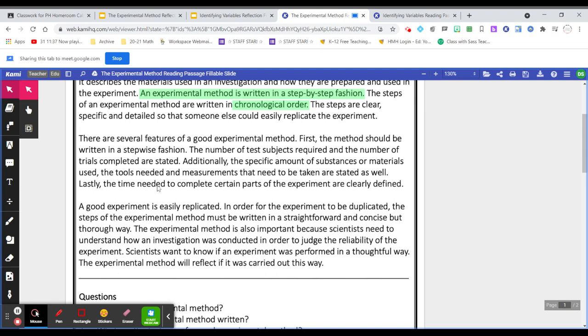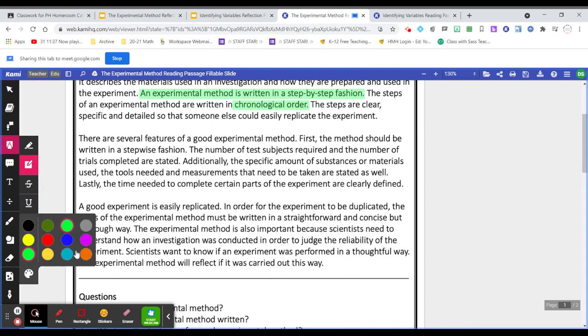Lastly, the time needed to complete certain parts of the experiment are clearly defined. So this is all talking about things that we're going to need to be including inside of our written portion, right? So we need to write our steps. So the method should be written in a stepwise fashion, right? Things like the number of test subjects, also the number of trials, right?